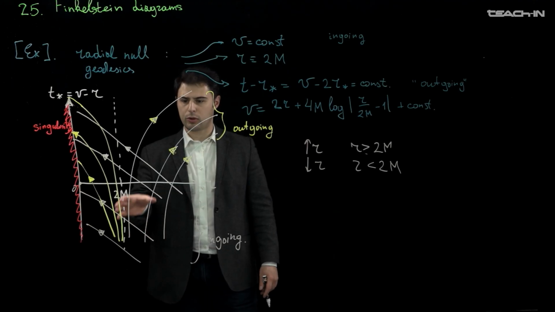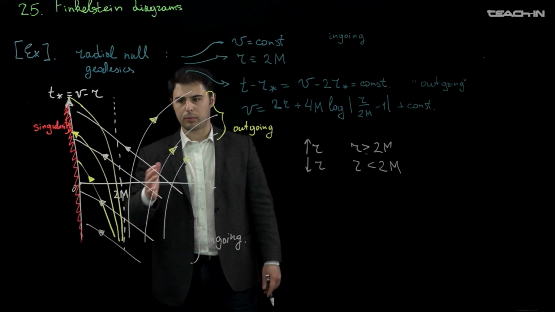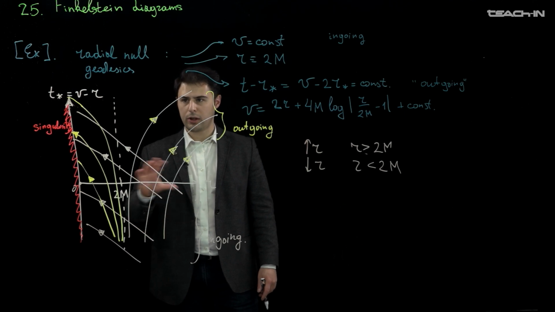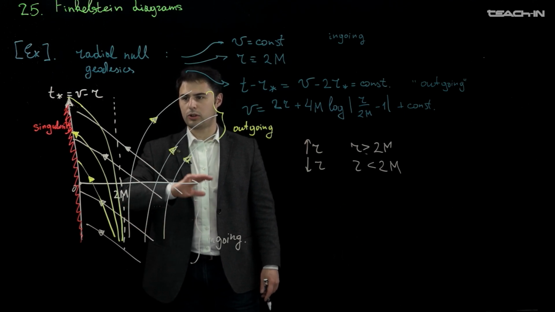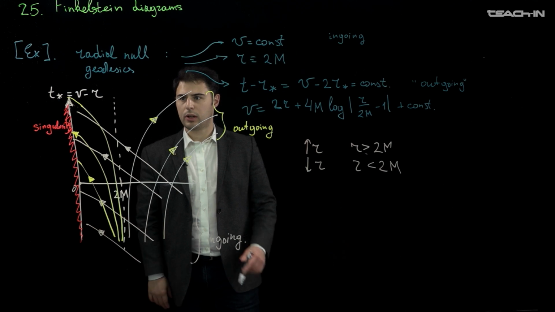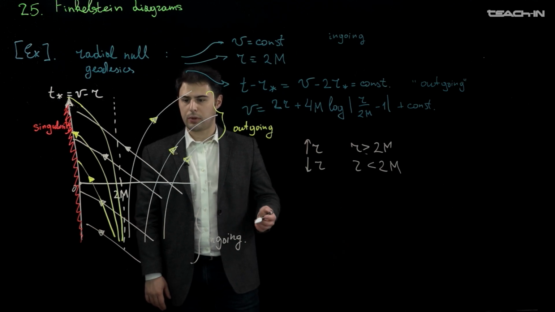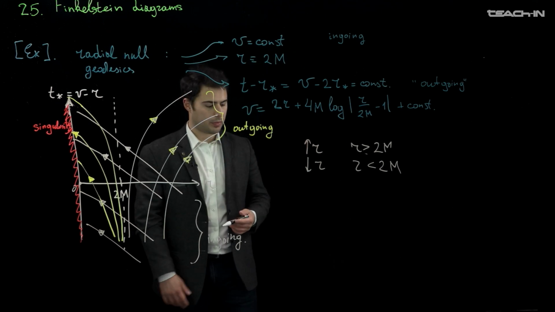So we have that the outgoing geodesics starting behind the horizon remain in that area, and eventually fall onto the singularity in a finite value of their affine parameter.